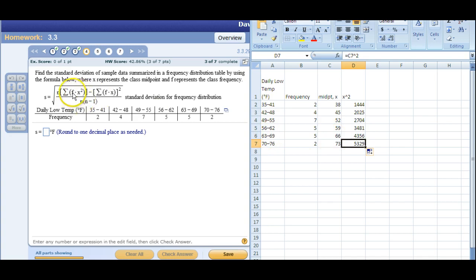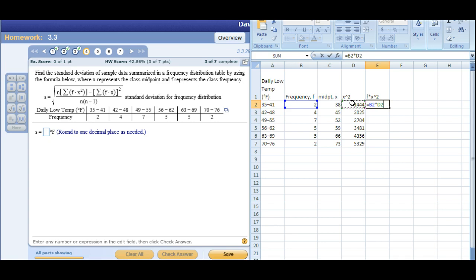Alright, now this says multiply f times x squared. This is f. So if I want to do f times x squared, I press equals, here's f, and I press times, which looks like an asterisk symbol, and then click that.